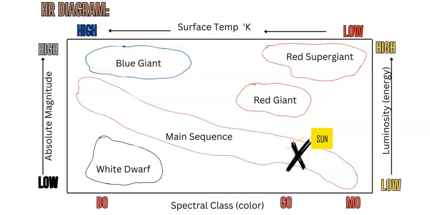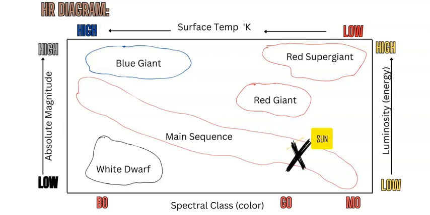So this graph was actually formulated by two different astronomers, Russell and Hertzsprung. Russell did it in 1913, his combination of characteristics, and so did Hertzsprung, but in 1911, and they combined these data sets to create this awesome graph, the HR diagram, and you can analyze all the different types of stars and their different life cycles based on their characteristics.